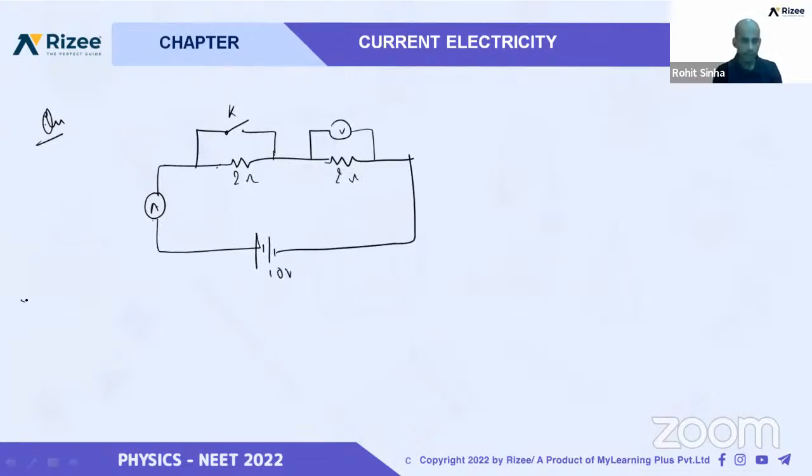The question is, find the ratio of current when K is open and when K is closed.